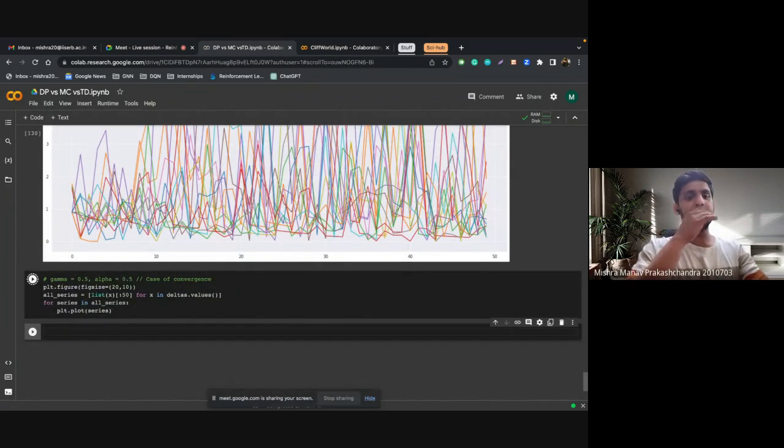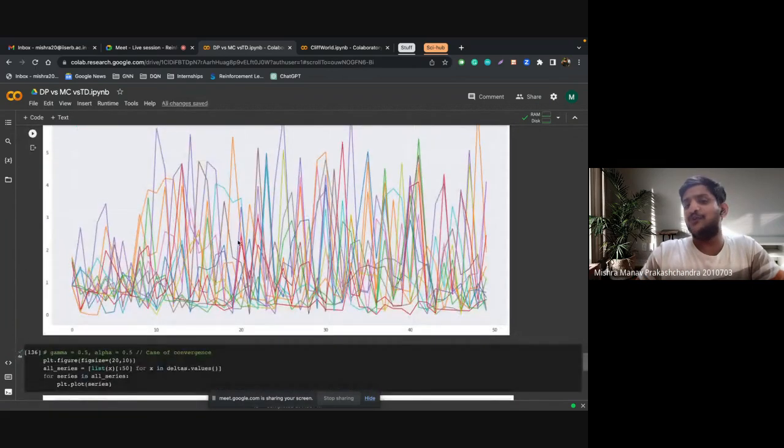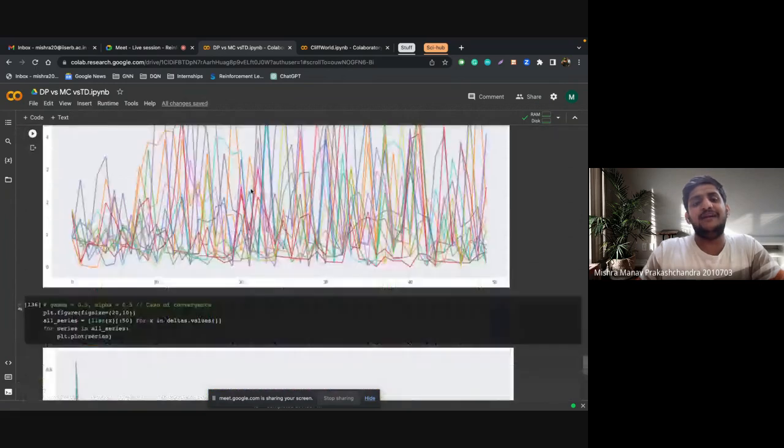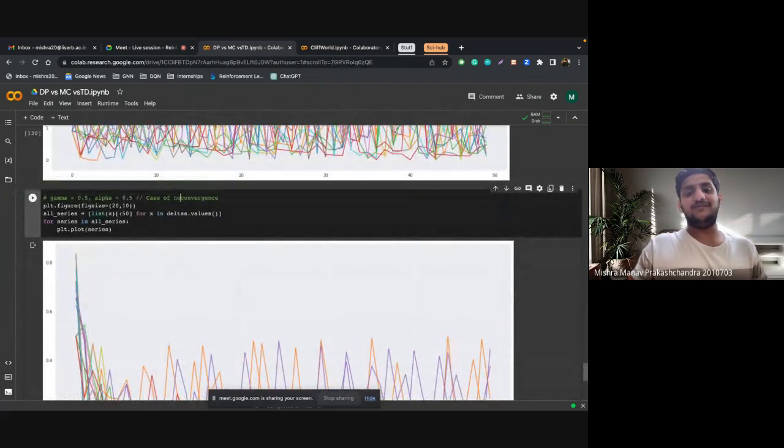Let's see. Again, this is somewhat better than the 0.9, 0.9 case, but somewhere midway, right? So again, this is a case of no convergence.